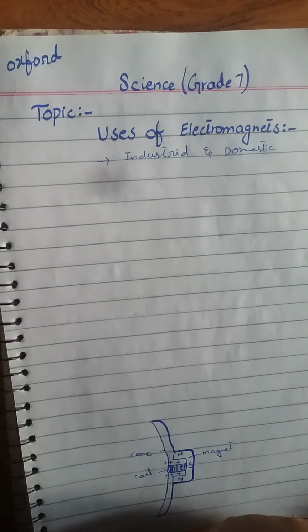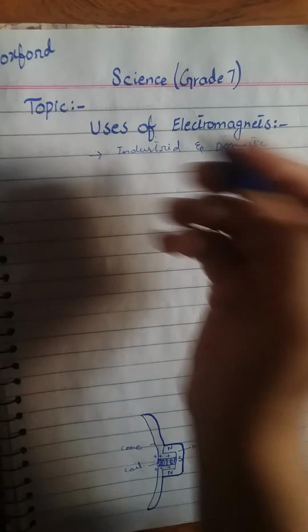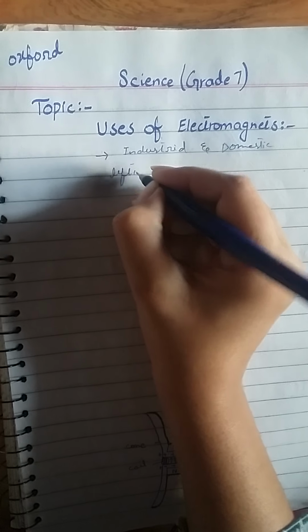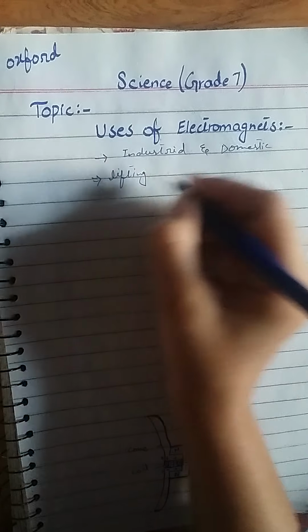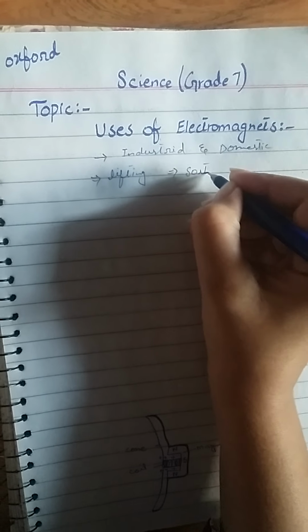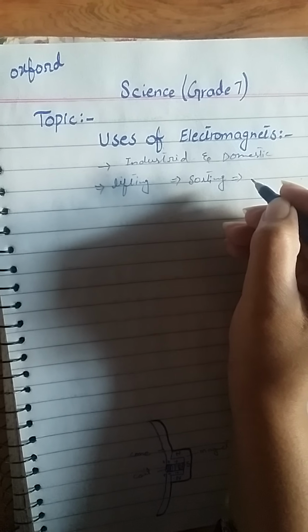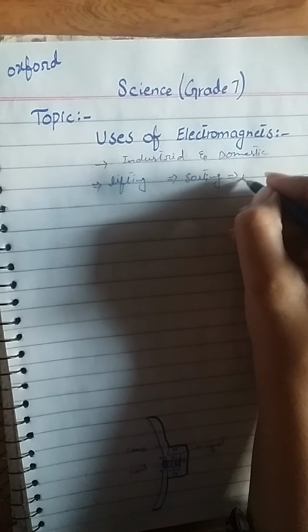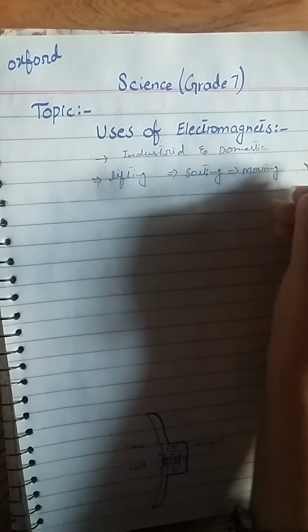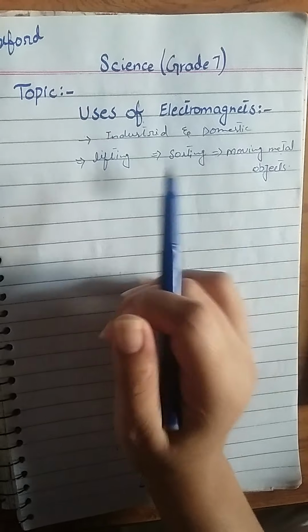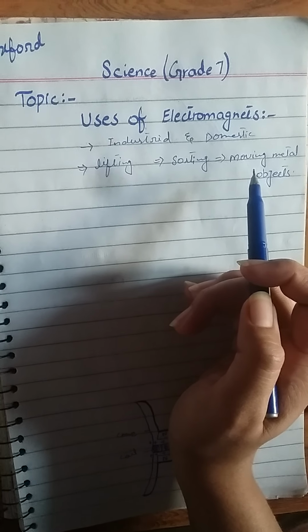These electromagnets are used in many different materials and processes, such as lifting things, sorting out things, and moving metal objects. So, electromagnets are used in many processes such as lifting, sorting, and moving metal objects.